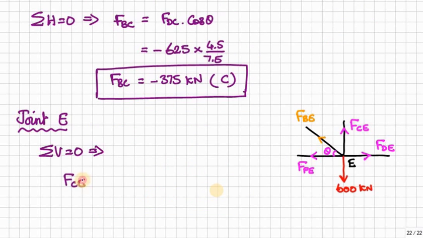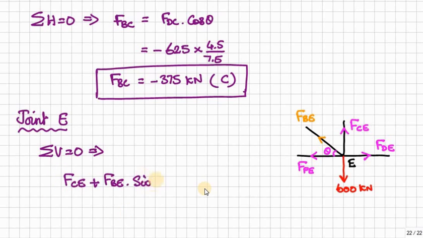Next we will see joint E. In joint E actually we have 4 members, but the forces of 3 members are already known, computed. So only one is left. Therefore you can use any one of the equilibrium equations, either sigma V equal to 0 or sigma H equal to 0, because F_BE is an inclined force, to get the value of F_BE. Here I use sigma V equal to 0.